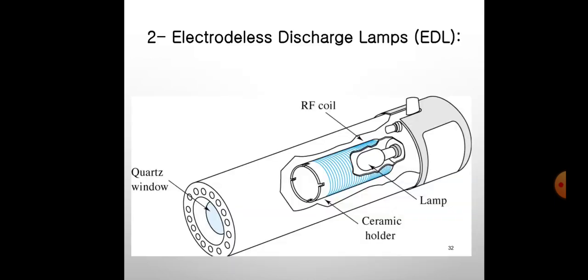Another type of lamp is the electrodeless discharge lamp, which is called EDL. In the EDL lamp, you don't have any electrode, so it is electrodeless.